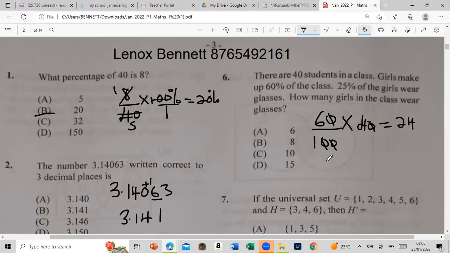And then now we're going to find 25% of that 24, which is a quarter. So it's like dividing by 4, right? Therefore, you should get, what's the answer? So 4 into 24 goes 6 times. So it would be 6.